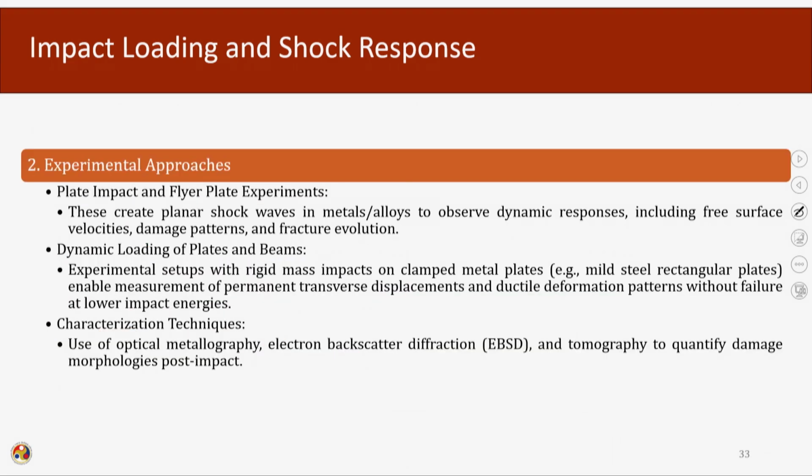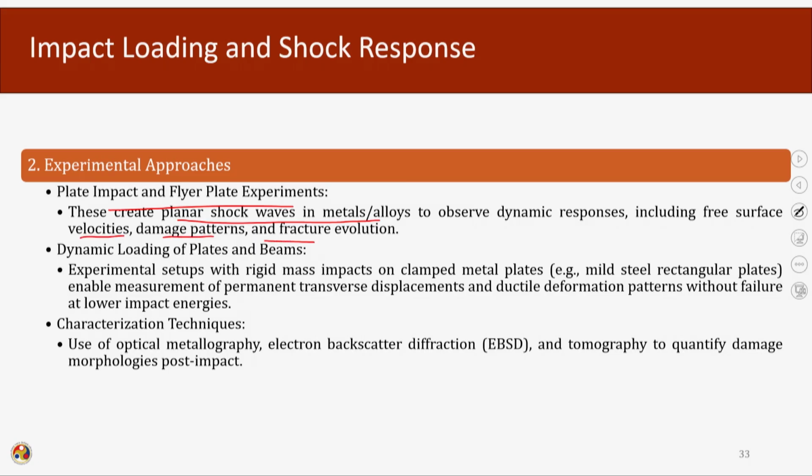So, experimental approach. There are different types of experiments available in order to characterize these failure modes. In the plate impact and flyer plate experiments, a planar shock wave in metal alloys is applied, and the dynamic responses are observed, such as free surface velocities, the damage pattern and fracture evolution.